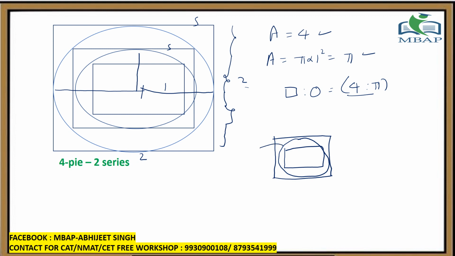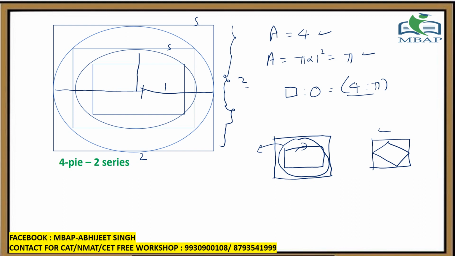What happens now if I remove this circle? If I remove the circle, I can visualize a figure which is the same as the previous figure. All you're doing is rotating this square by 90 degrees to form a new segment, which is just like this. We all know this is nothing but the pattern that we have just seen.